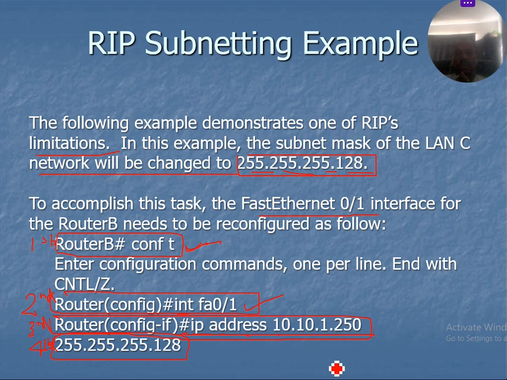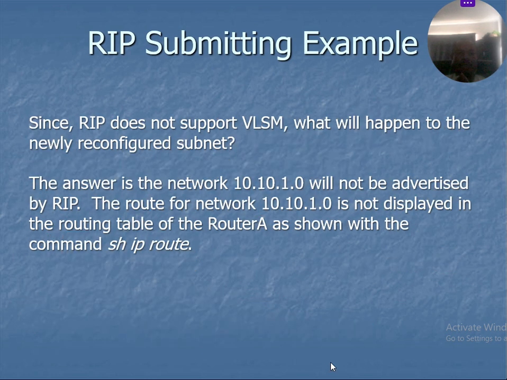Now what we will notice is that since RIP does not support VLSM, what will now happen to the newly reconfigured subnet? Because the RIP protocol does not support VLSM, what will happen to it?